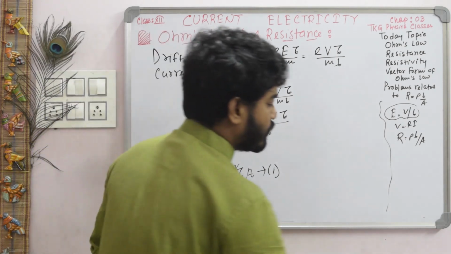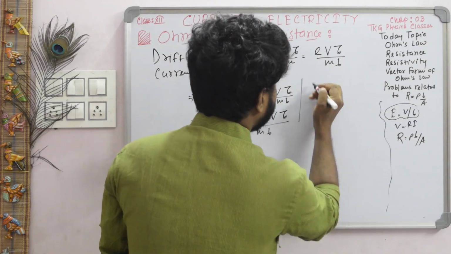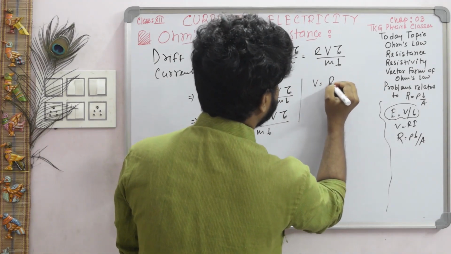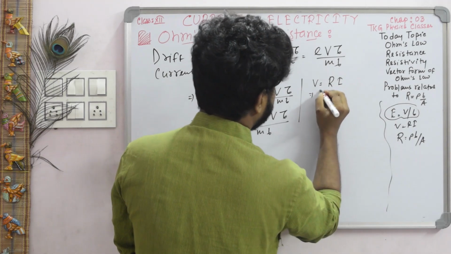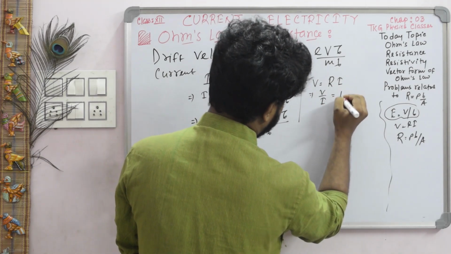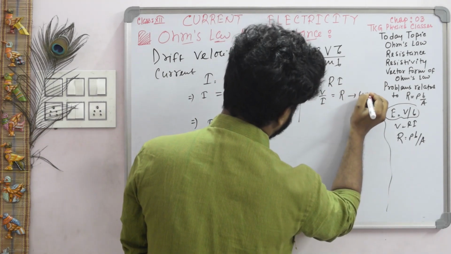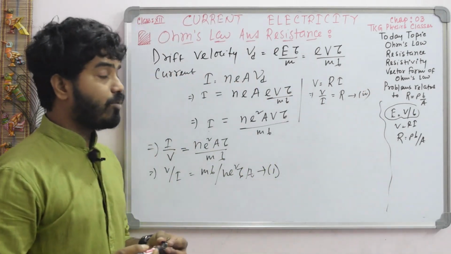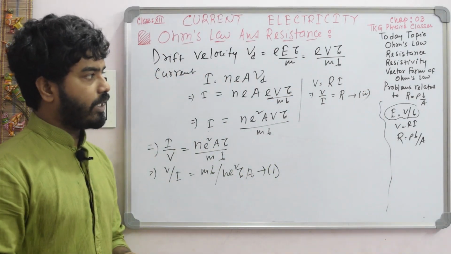Now according to Ohm's law, you know the relation, V = Ri. So V by I represents R. Suppose this is equation 2. You just compare equation 1 and 2.